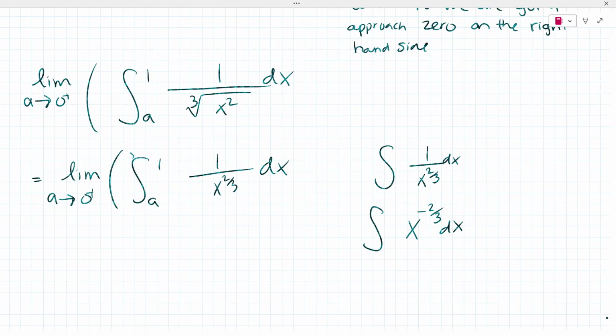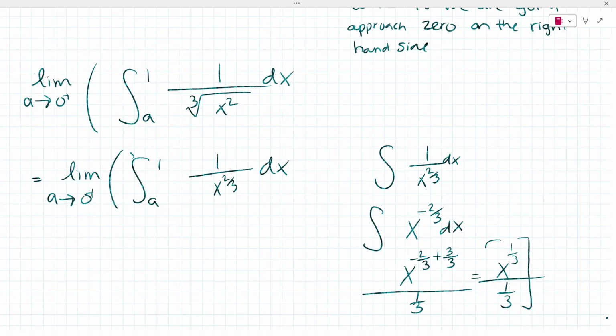It's just the power plus 1, divided by that new power. So it's going to be x to the negative 2/3 plus 3/3, which is 1/3, divided by 1/3. And you have an improper integral, so this is going to be 3x to the 1/3 over 1.